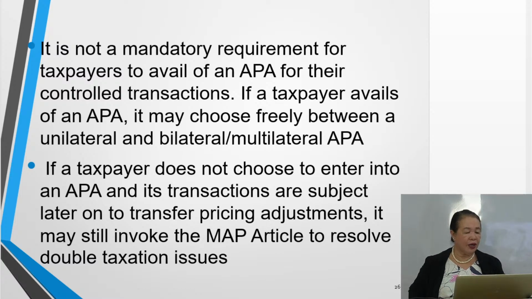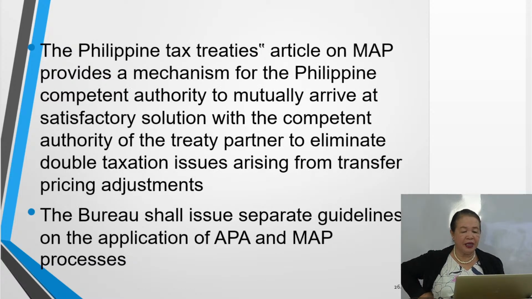Okay. So, ano naman tong Philippine Tax Treaties? No? The Philippine Tax Treaties article on MAP provides a mechanism for the Philippine competent authority to mutually arrive at satisfactory solution with the competent authority of the treaty partner to eliminate double taxation issues arising from transfer pricing adjustments.